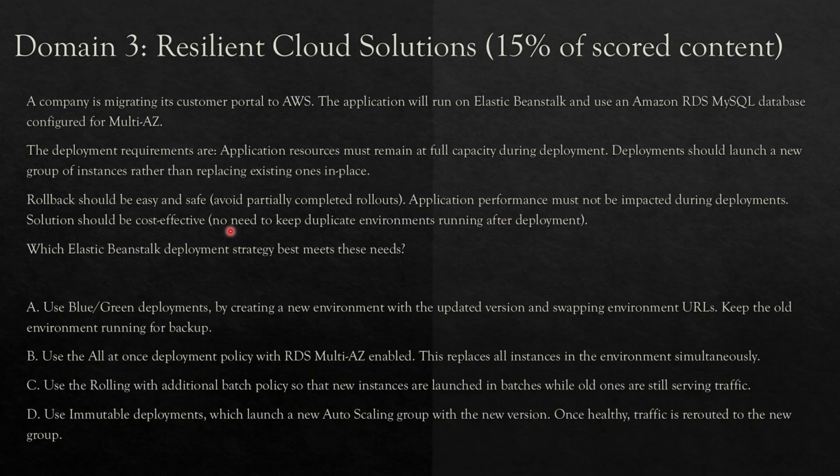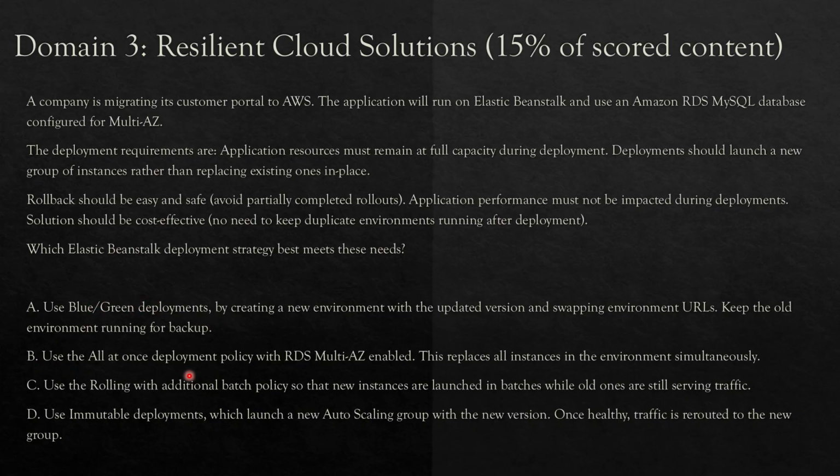And what I did for a lot of these types of questions is use an elimination strategy. The first option is blue-green deployment. It says the solution must be cost effective, so there's no need to keep a duplicate environment running after the deployment. So this option is not correct. Blue-green is not for that.